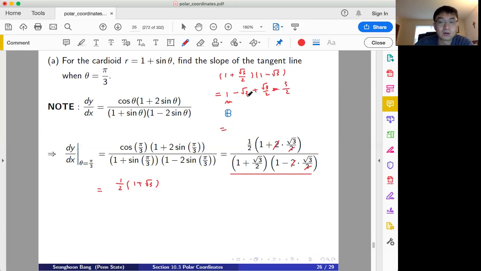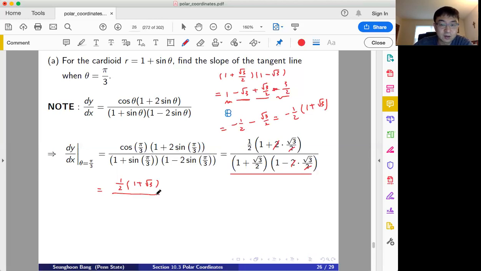Here, 1 minus 3 over 2 is negative 1, right? Negative 1/2. Minus root 3 plus root 3 over 2 is negative root 3 over 2. I now factor minus 1/2, 1 plus root 3. So we have it.